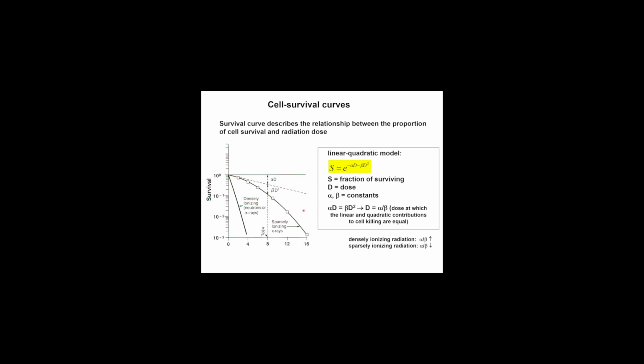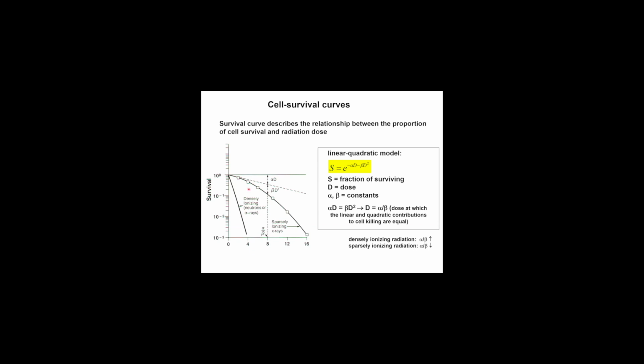There are a couple of other definitions of alpha beta ratios. It is frequent to be asked that question on the boards. This is the most common definition, but there are a few others that we will look at in a little bit. Okay, now I want to throw in what we see here for the neutrons or alpha particles.